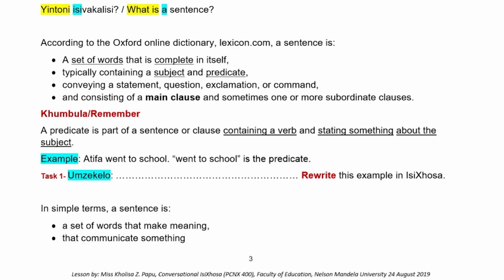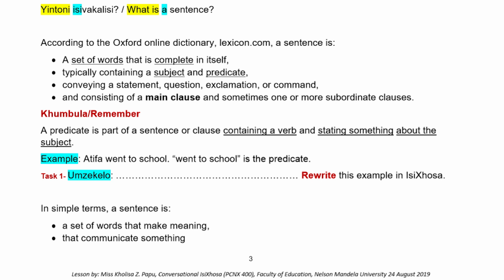Sizisebenzisa njani izivakalisi? How do we use sentences? If we look back to the Oxford explanation again, we will pick up that sentences are used in 4 different ways. First, as statements, as questions, as exclamations, as commands.